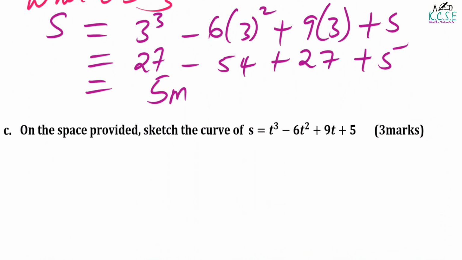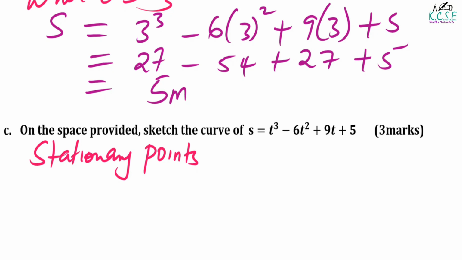Sketch the curve of s equals t cubed minus 6t squared plus 9t plus 5. Now when sketching that curve, we require the stationary points.